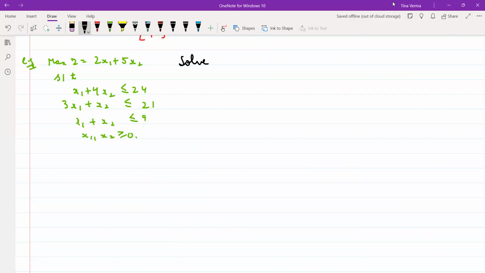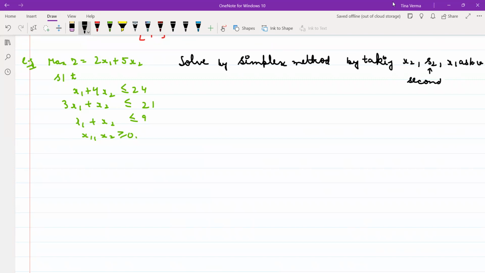Solve the given LPP by simplex method by taking x2, s2 and x1 as basic variables, where s2 is the second slack variable in the second constraint.